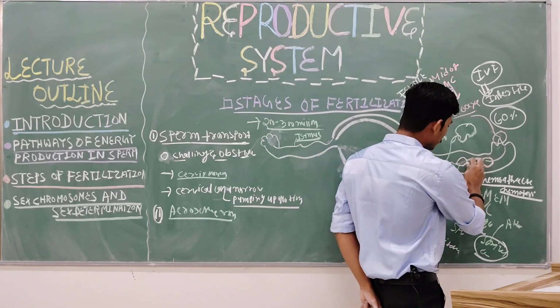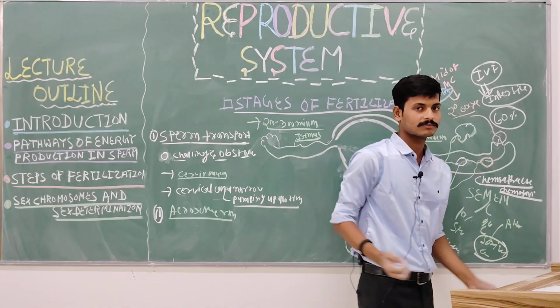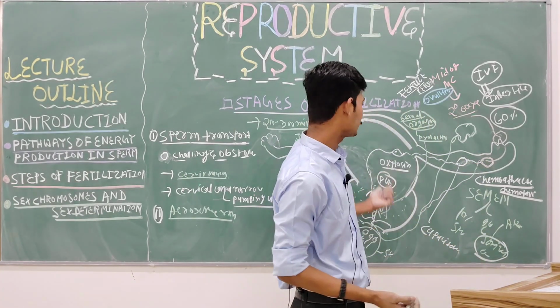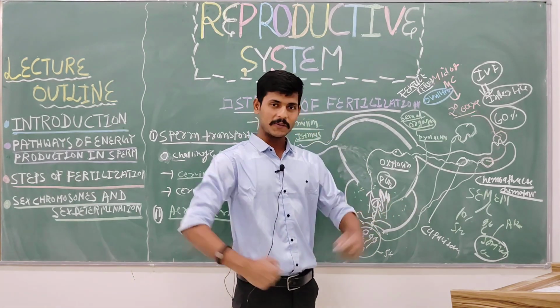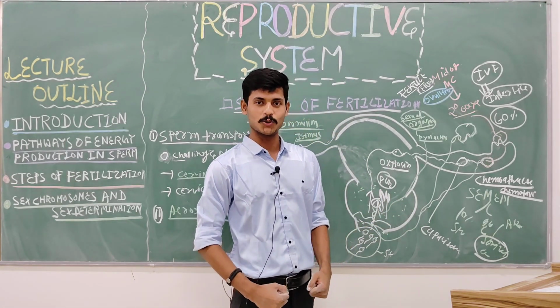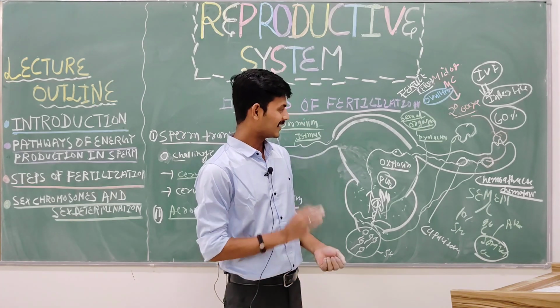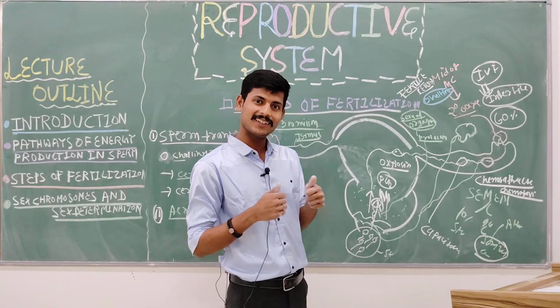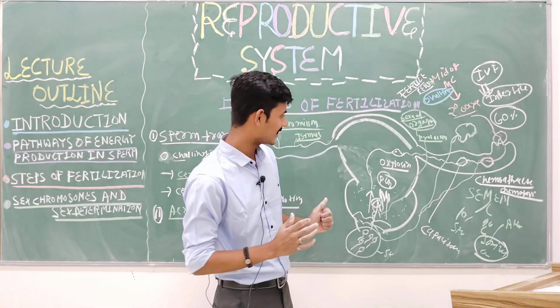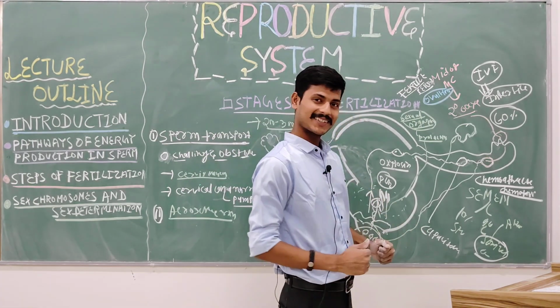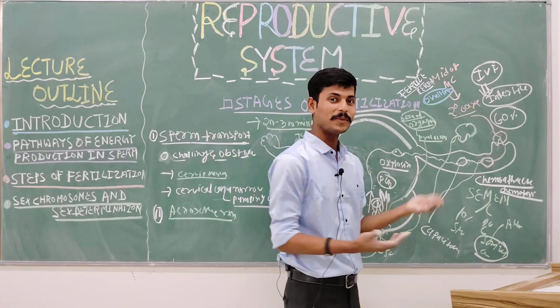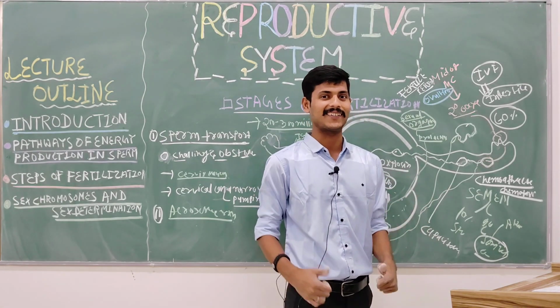Now, after the removal, you know that sperm is also like us. Sperm is also like a male. They're wearing a nice suit, and their etiquette is very good. They have good dressing sense, and they dress up because they are going to meet a girlfriend, so they are ready.